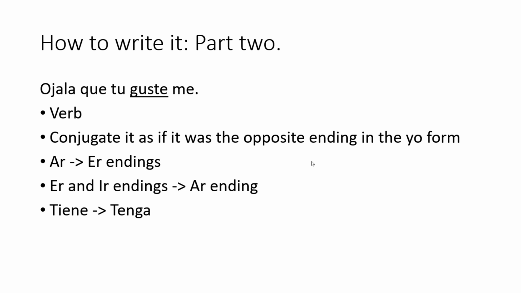If it had an ER or an IR ending, then you'd conjugate it like an AR ending. And then an example of this is tener goes to tenga, which also is important to realize that when you conjugate verbs in the subjunctive, you have to conjugate them as if they were in the yo present form, and then add the AR or ER ending.